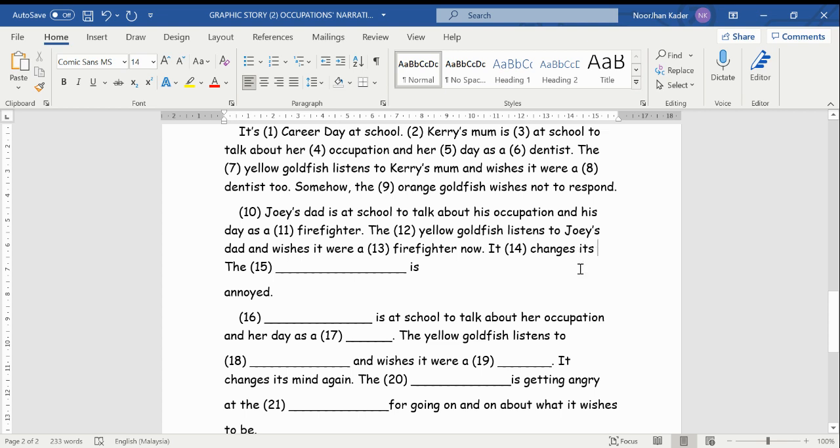This is actually a possessive pronoun, showing the yellow goldfish's mind. So it changes its mind. Its mind. So I have replaced the yellow goldfish with it. We cannot repeat yellow goldfish many times. It's redundant.